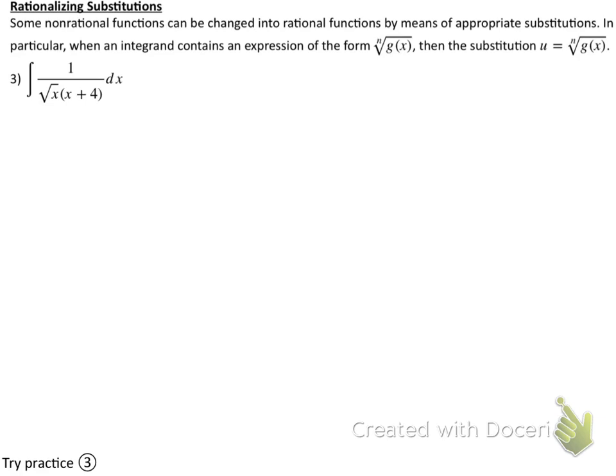So for example, in question 3, I have this integral of 1 over (√x + 4). So I am going to make my u to be the radical.